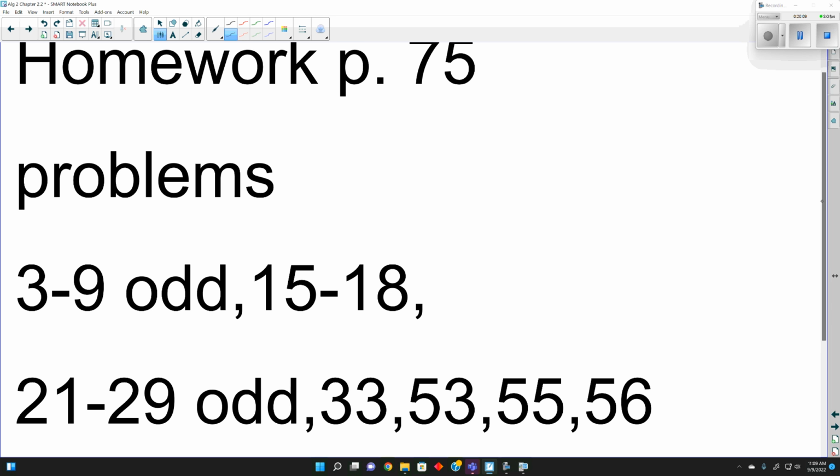This one here, the error is pretty easy to state, what they did wrong. 53, 55, and 56, you don't have to graph these, but you're identifying the x-intercepts, vertex, and axis of symmetry. So you guys have the rest of the hour to work on this here. There's a good chance you could probably either get it pretty much all the way done or finished.